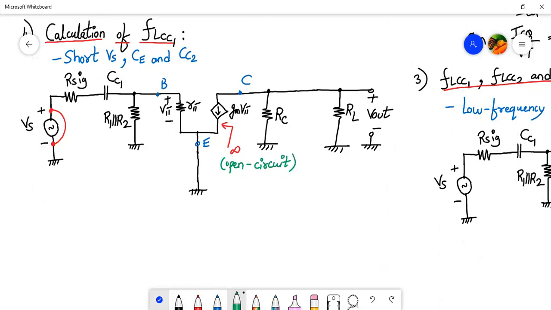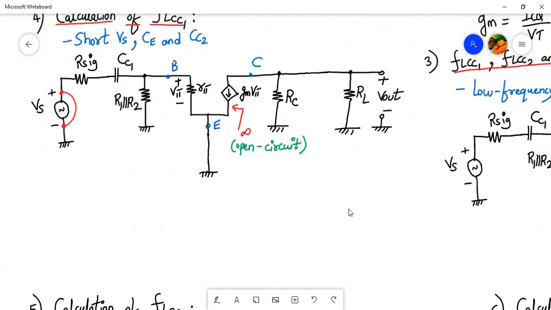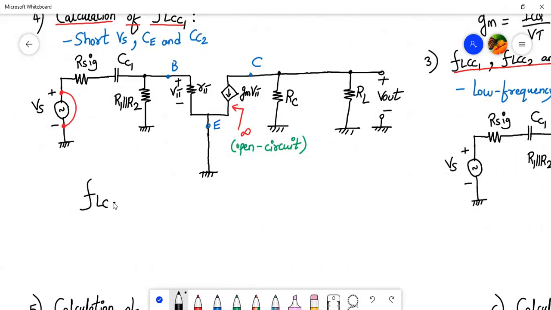Okay, fine. So let's proceed forward. Here we have to find out FL of CC1. Anyone remembers what was the formula for FL of CC1? The cutoff frequency due to CC1 was given by 1 upon 2 pi into R equivalent into CC1.